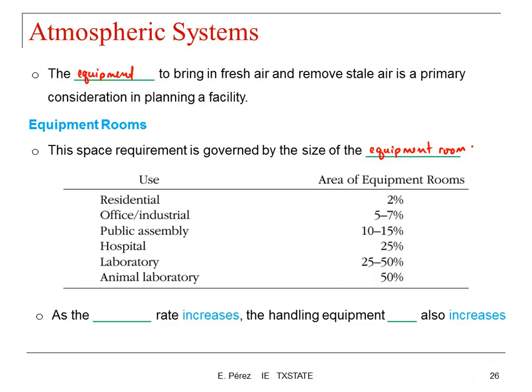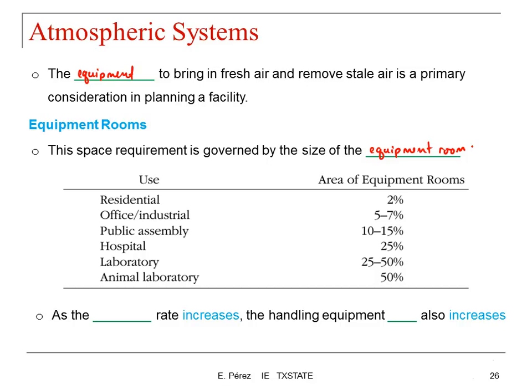And here are some percentages in terms of the type of building that you're trying to address. For residential use, the area of the equipment room is around 2%. But for example, for a lab, that could be almost half of the facility dedicated to this equipment.